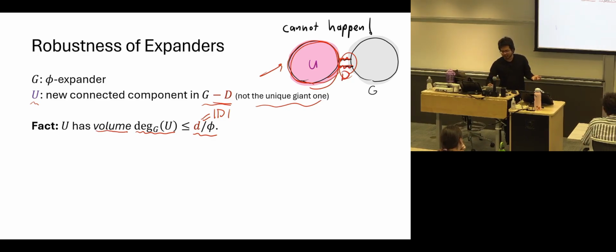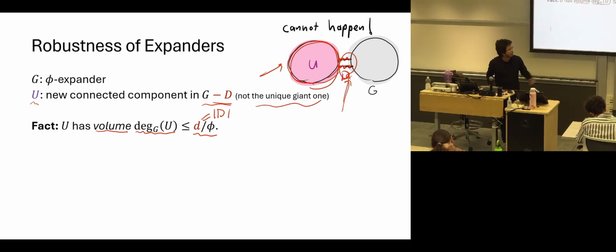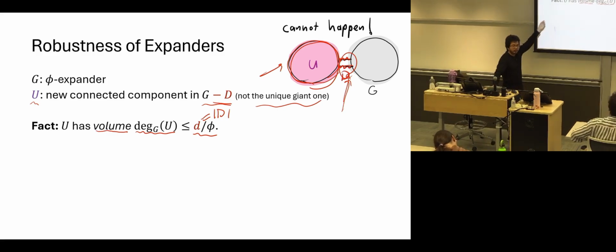And it makes total sense that this cannot happen, right? Because if this could happen, then there would be a really sparse cut. So let's try to prove this fact formally. Any question about this statement?